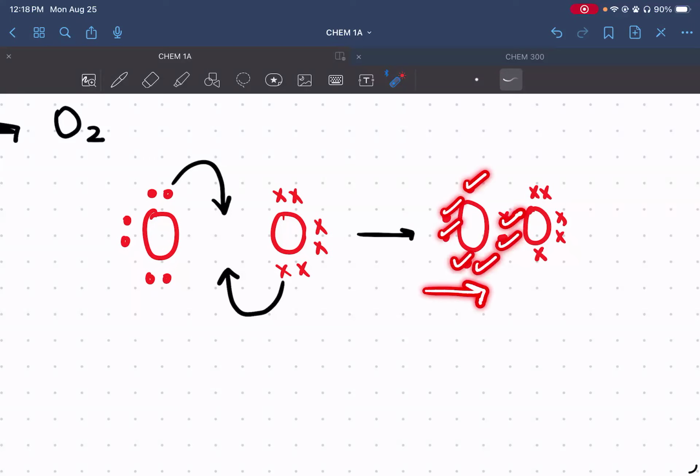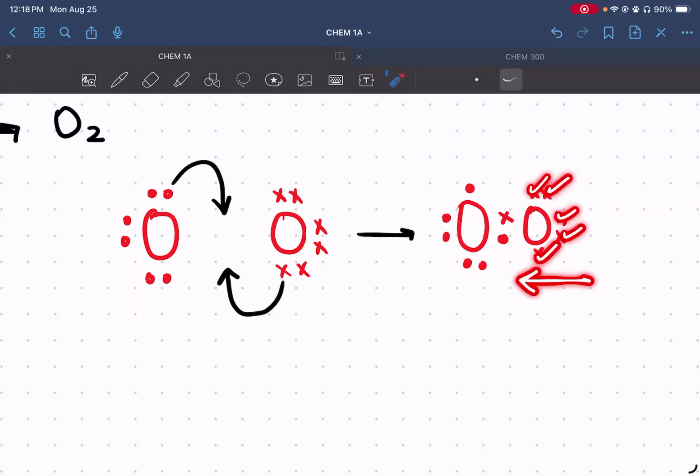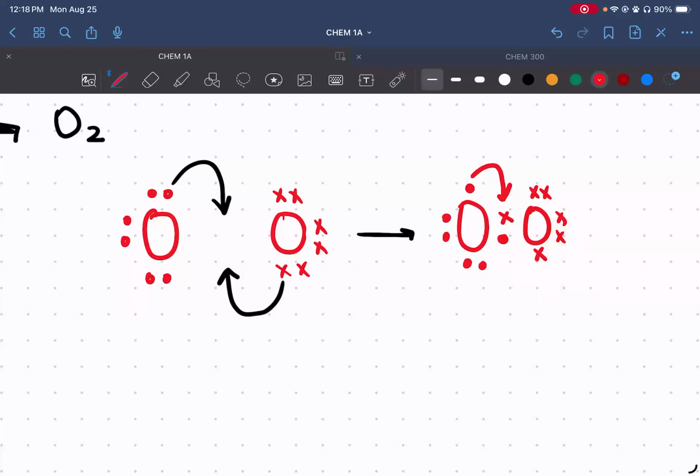So we're still not there yet at the octet. From the perspective of the right oxygen, same thing. 1, 2, 3, 4, 5, 6, 7. So we're not fully there at the octet rule just yet. So what are we going to do? We're going to share once again.